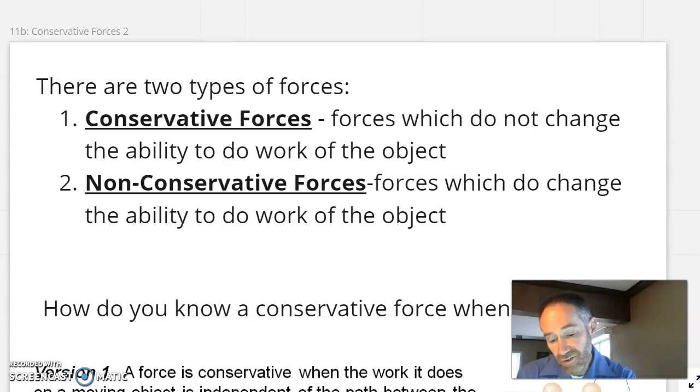A non-conservative force is going to change it. Sometimes the ability to do work will be changed for the better, sometimes for the worse. So my point is the ability to do work is going to really change when a non-conservative force does work, and it's not going to change when a conservative force does work.